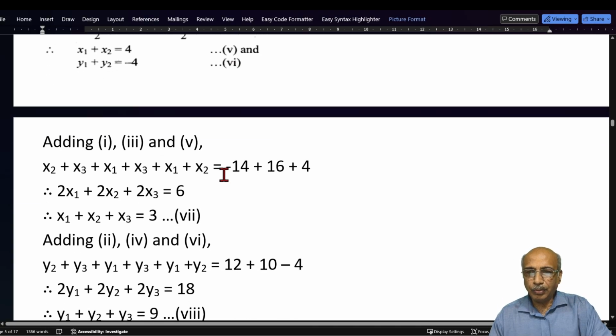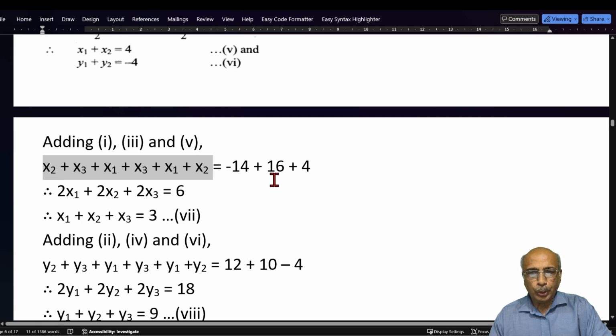Now here you see what we are doing. All the x-coordinate equations, 1, 3 and 5, we are adding. These three equations from above we are adding. So we are getting (x2 + x3) + (x1 + x3) + (x1 + x2) = -14 + 16 + 4.